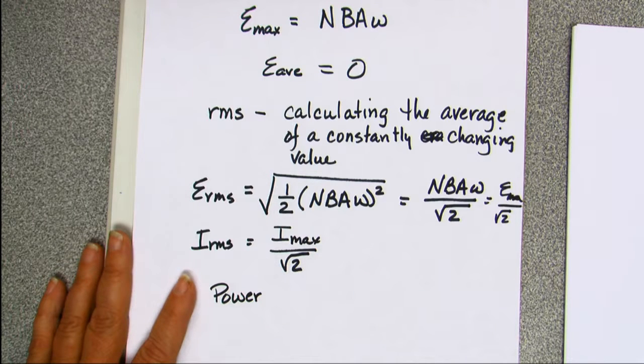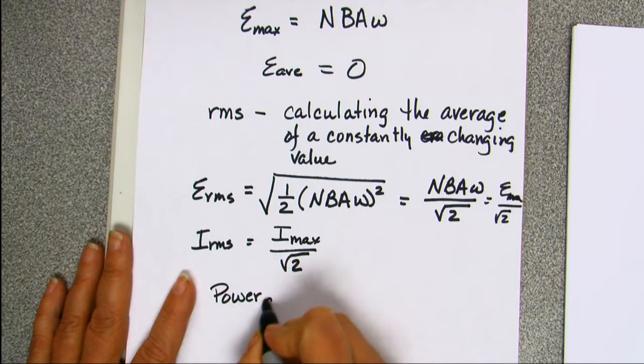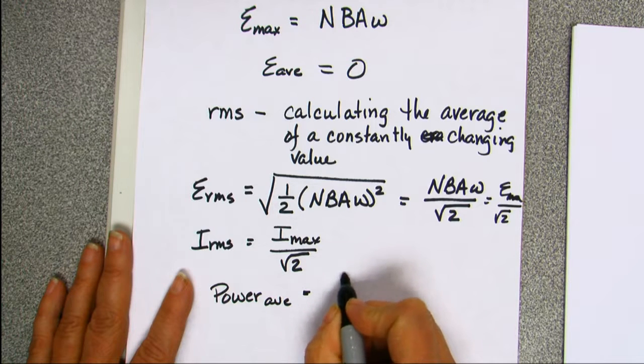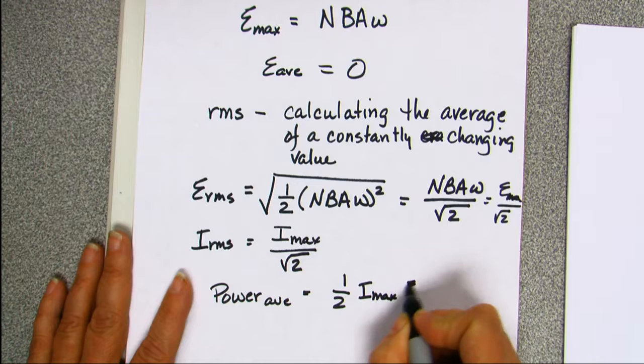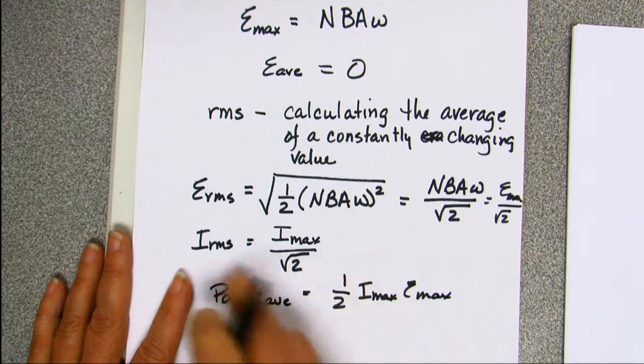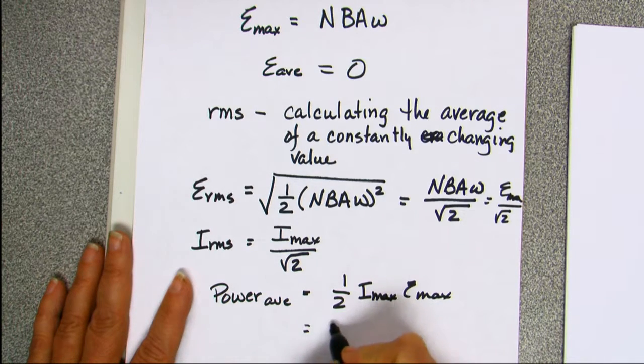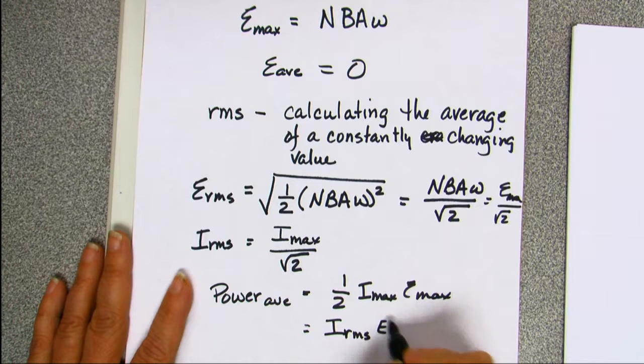Okay, I can look at power, and power average is actually going to be 1/2 Imax Emax. But I could substitute those values in there, and power becomes IRMS ERMS.